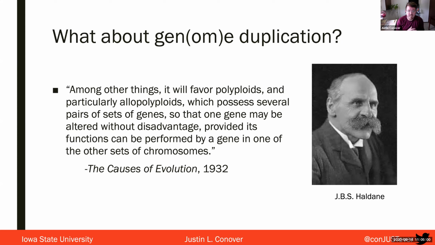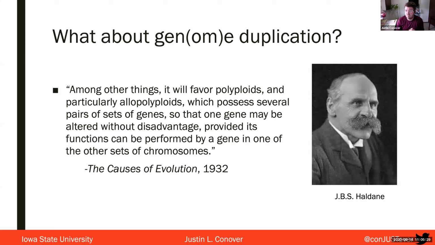In his book, The Causes of Evolution, he was thinking about the impact that epistasis could have on relaxing purifying selection. And he wrote what's become a fundamental theory in polyploid evolution, which is that if one gene can retain its function, its homolog can be mutated and can be changed without disadvantage.